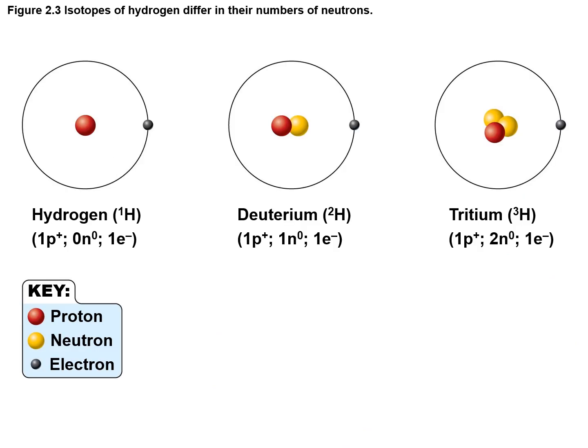Okay, so this is just some examples of isotopes. Again, this is hydrogen, our regular old hydrogen. And hydrogen is weird because it has no neutron, right? So it has one proton, one electron, right? But if you add a neutron to hydrogen, it becomes deuterium, right?